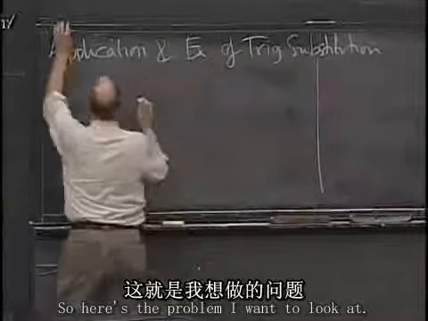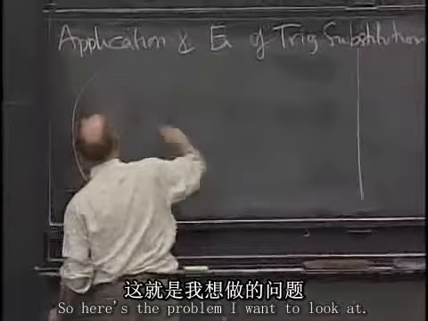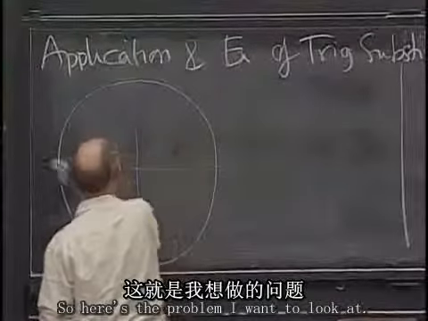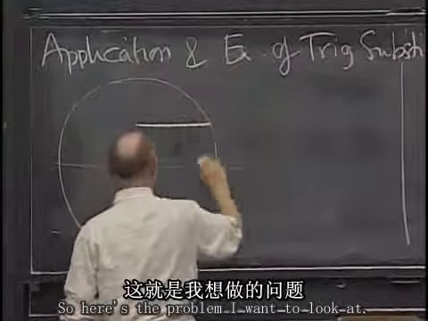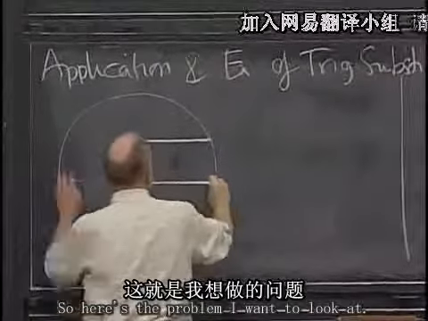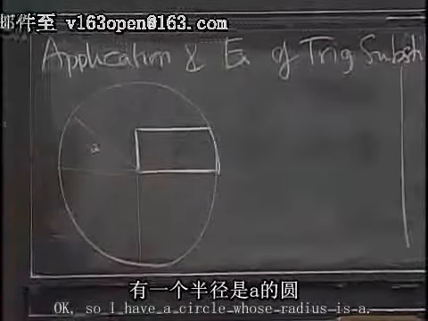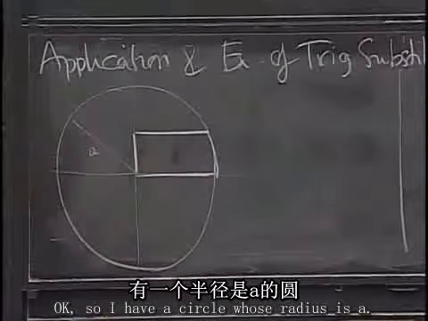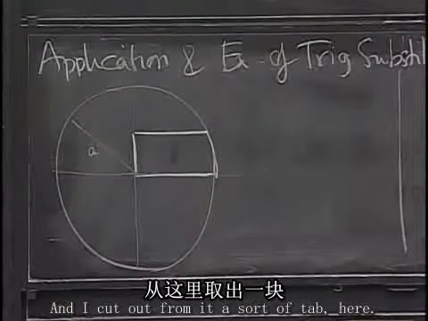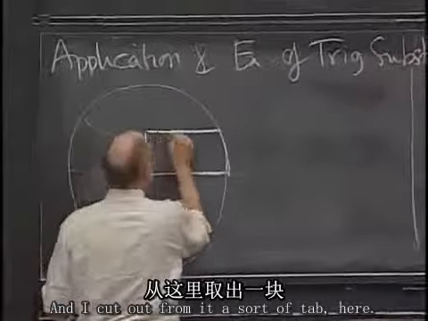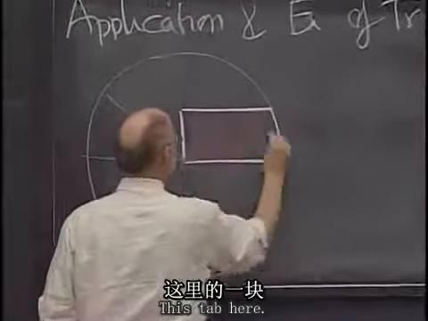So here's the problem I want to look at. I have a circle whose radius is a. And I cut out from it a sort of tab here, this tab here.